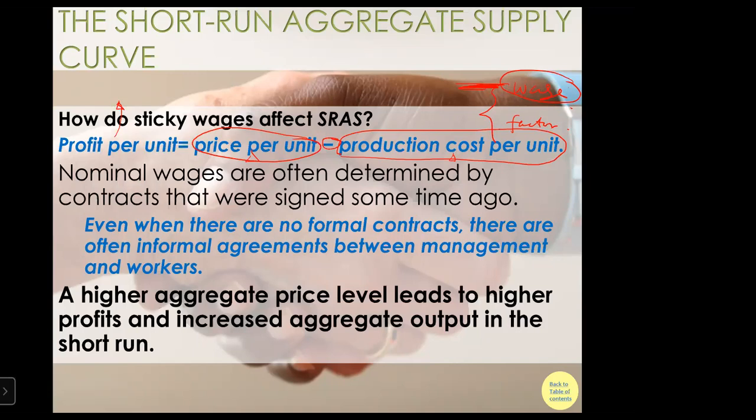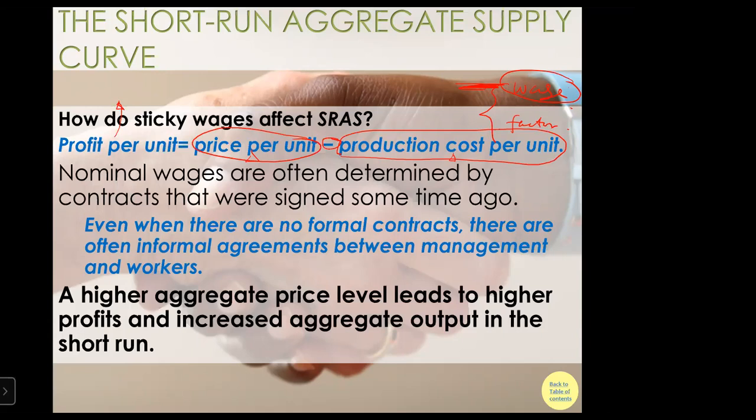And why is the short run important? It's because just imagine you are these poor workers. You're facing a sticky wage, and now there's inflation causing aggregate price to rise. In the short term, there isn't much you can do because there's a binding contract, also because it takes time to find a job.